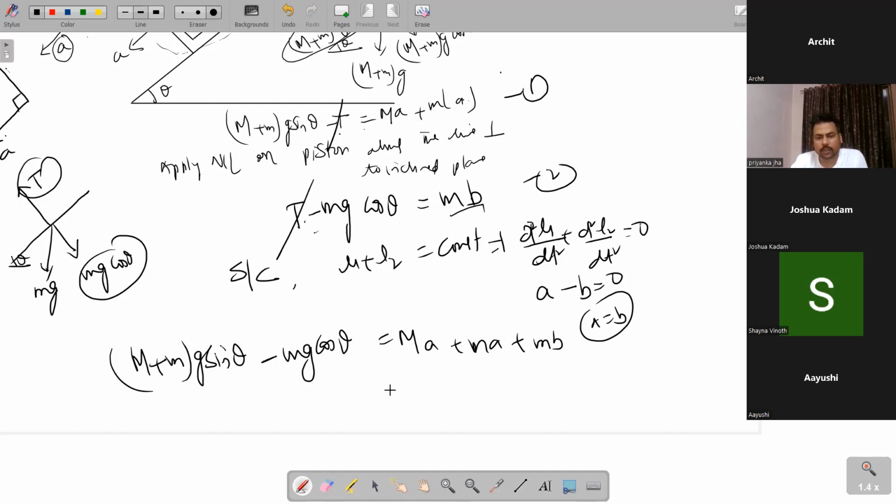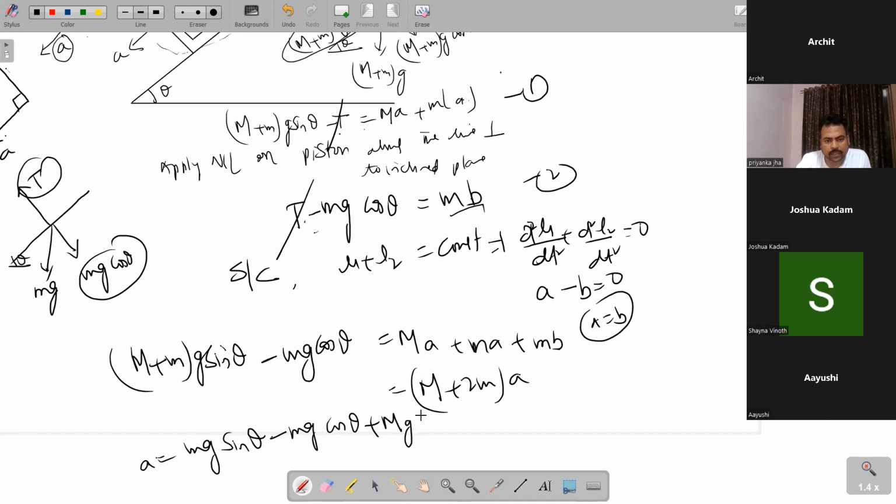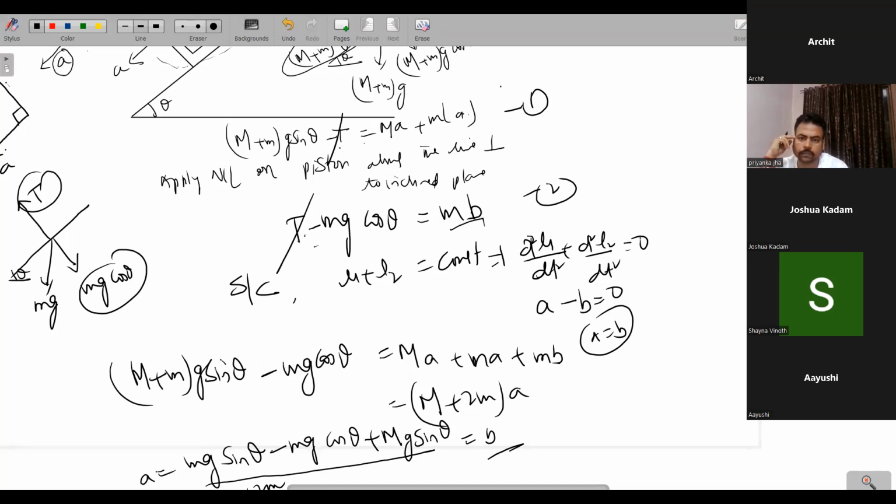We have A equal to B. So we can simply say M plus 2m into A. Put B equal to A. And then from there you can find A equal to (mg sin theta minus mg cos theta plus capital M g sin theta) upon (M plus 2m). This is also equal to B. This is our answer. Tell me, children, did you understand or not?